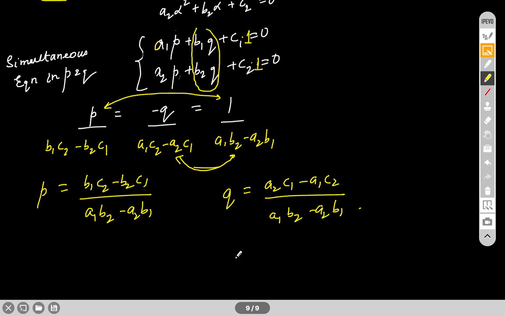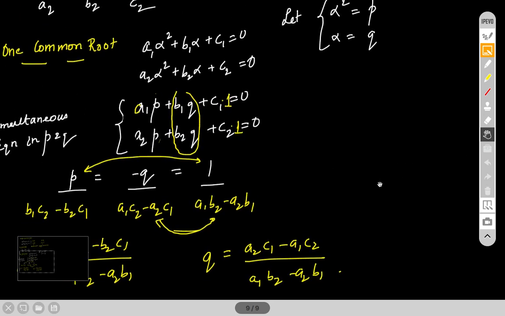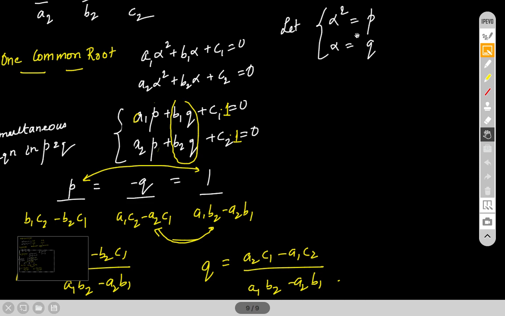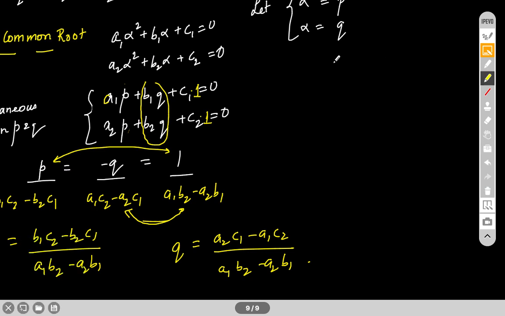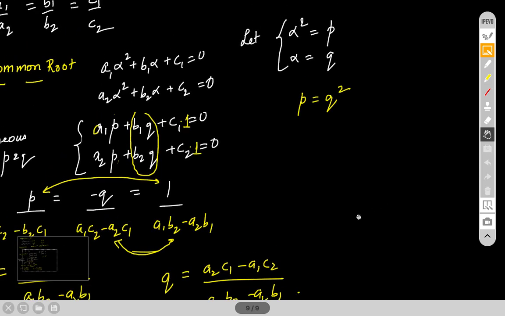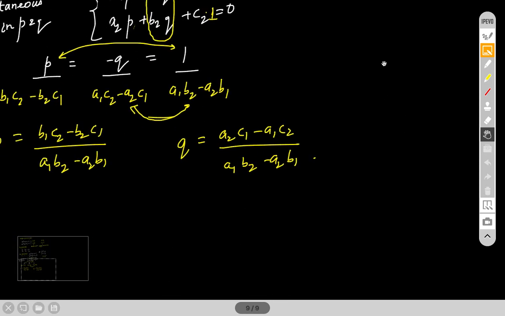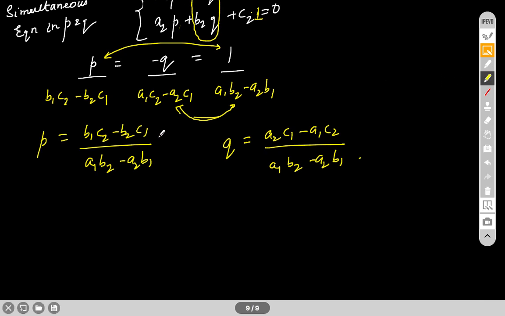Now you know that P is alpha square and Q is alpha, correct? So indirectly you're trying to say P is Q square. Can you write that condition? P is equal to Q square here.